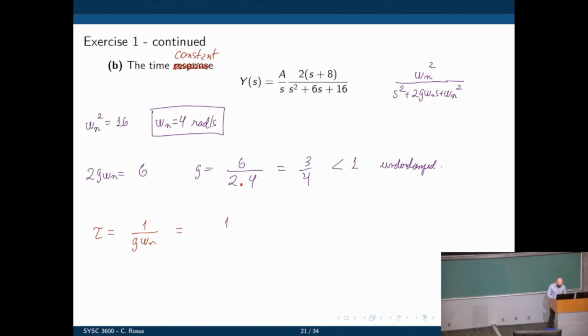So this is 1 over zeta, which is 3/4, times omega n, which is 4. So it's 1/3 of a second.